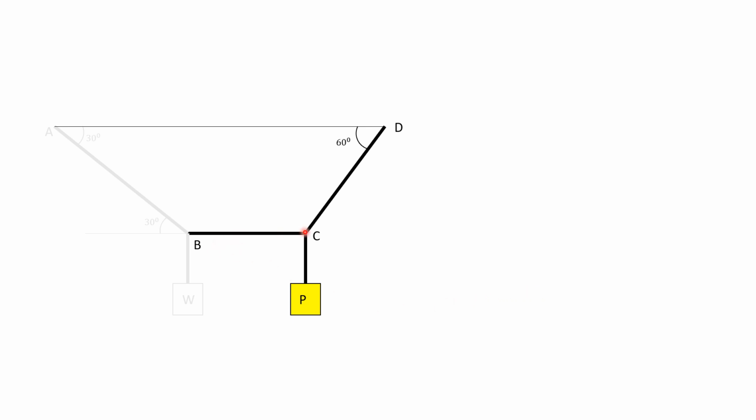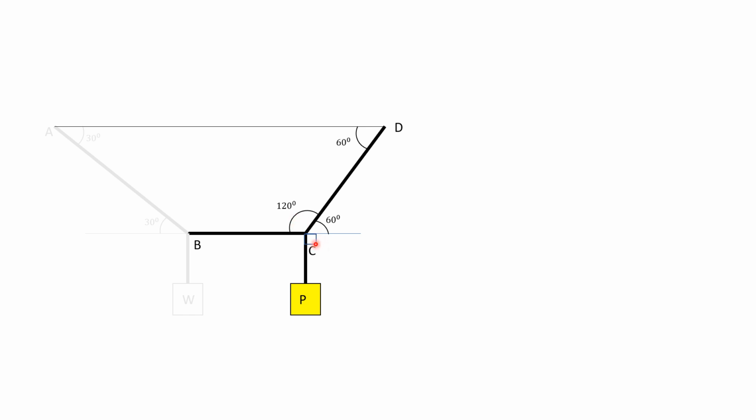We consider this joint. Here what we got is tension in this rope BC. Now we need to find this P load. We have this angle is 60 degrees and this angle will be also 60 degrees. This remaining angle will be 120 degrees because this total angle is 180 degrees and 180 minus 60 degrees equal to 120 degrees.